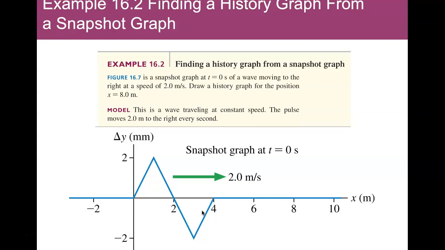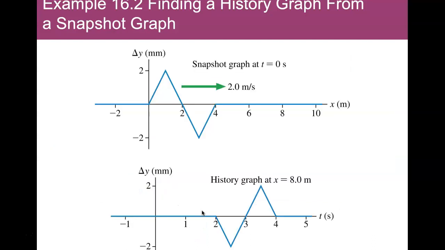Because the distance is 8 meters divided by 2, that's 4. So we're going to see a pulse that looks like the mirror image, the flipped image of this. And it starts at 2, that's when the leading edge hits the point we're interested in, and everything ends at t equal 4 seconds when the whole pulse just goes through that cross section. And that's when the trailing edge, this point, is reached 8 meters away from the origin.